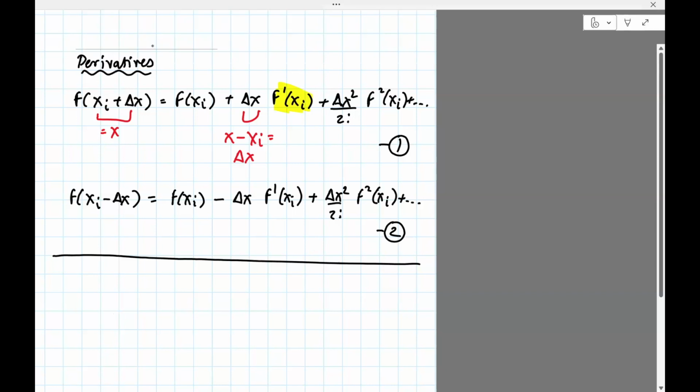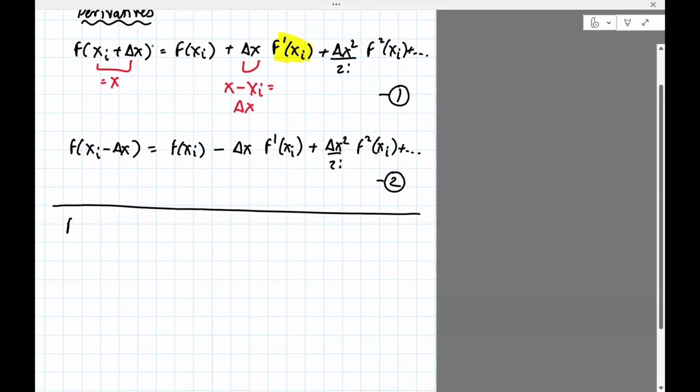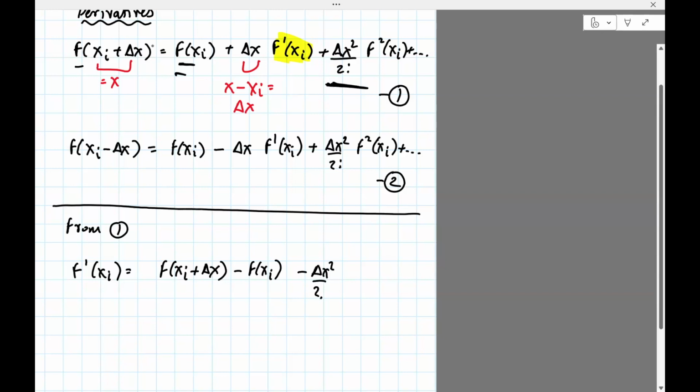So from 1, I'll move everything here and this one to the left side, and I end up with f1 x i equals f of x i plus delta x. That's the first term, it remains as it is. This f of x moves to the other side. This term moves to the other side. So minus delta x squared over 2 factorial.